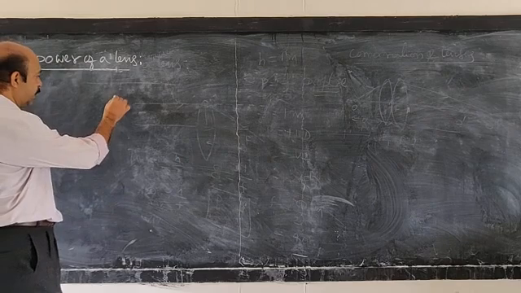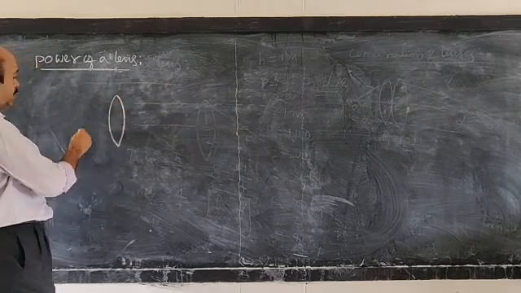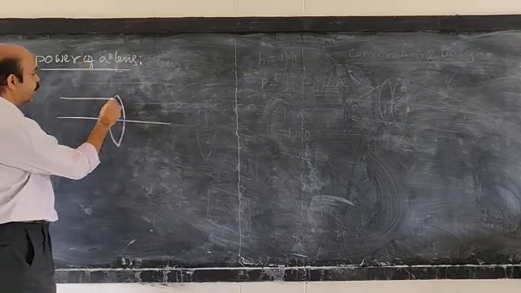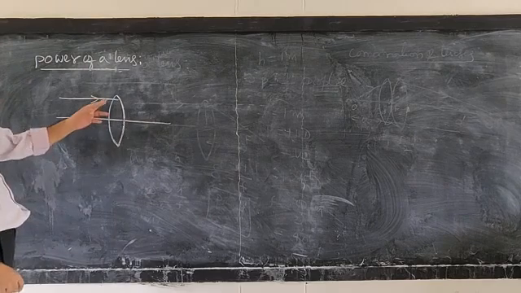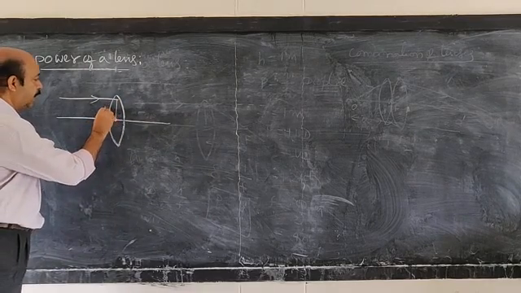Let us consider a converging lens. Suppose a convex lens. A beam of light striking at a point at a height h from the optical center.